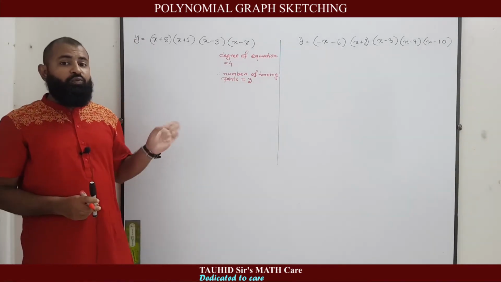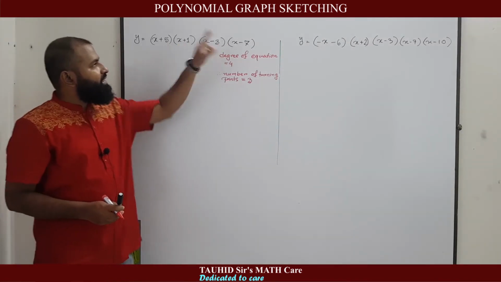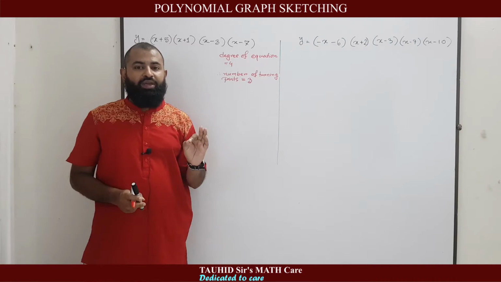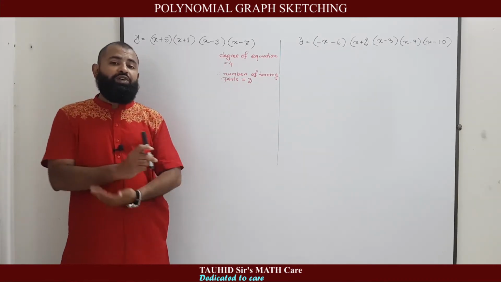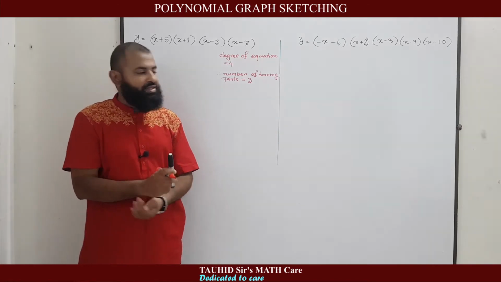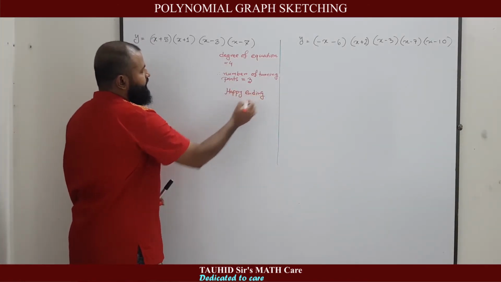And if we multiply all the x's, we get x to the power 4. That means the coefficient of x to the power 4 is positive, so we will have a happy ending.